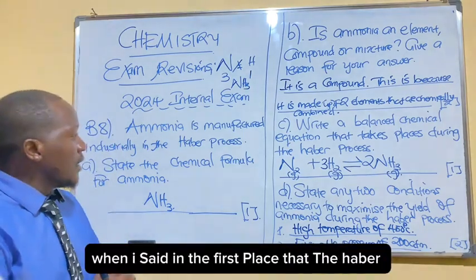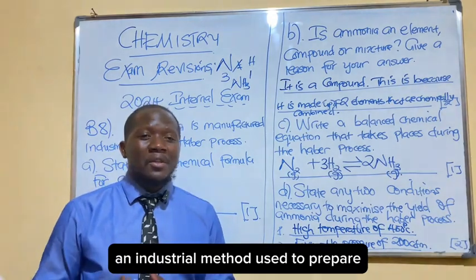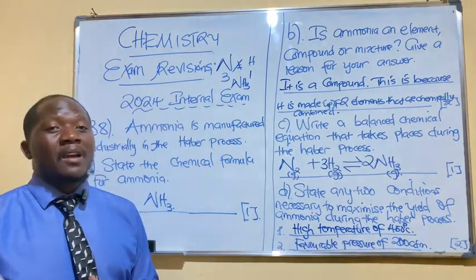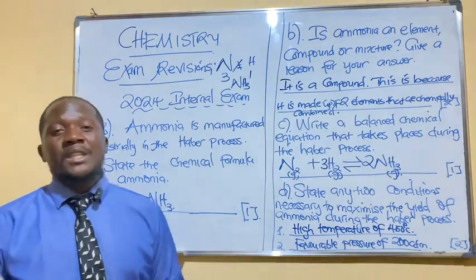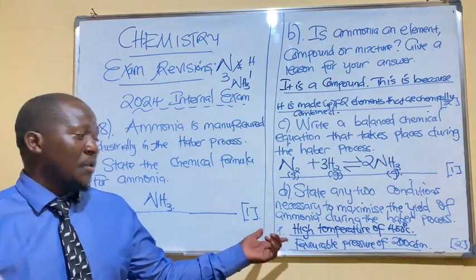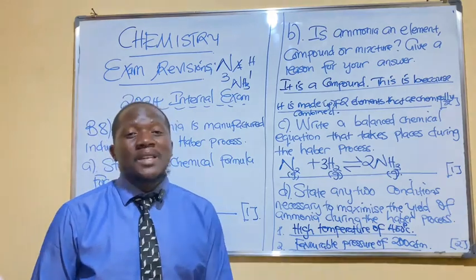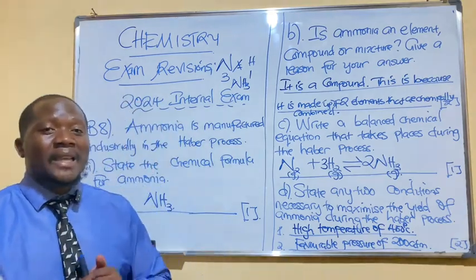Remember when I said in the first place that the Haber process is an industrial method used to prepare ammonia from hydrogen as well as nitrogen, and this is done in the presence of a high temperature, a favorable pressure, as well as iron as a catalyst.